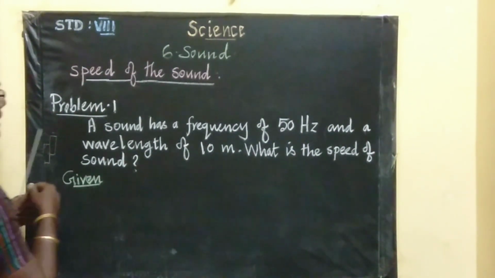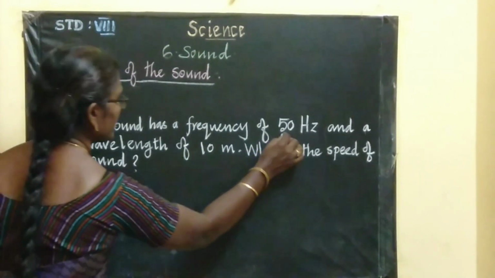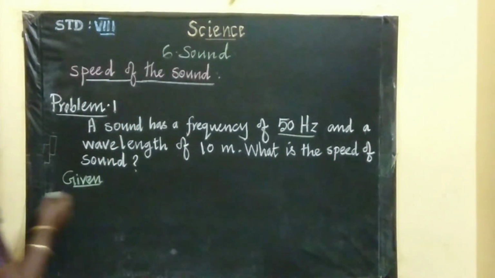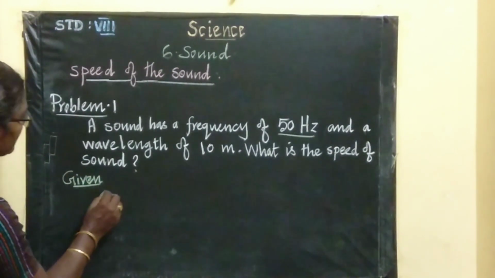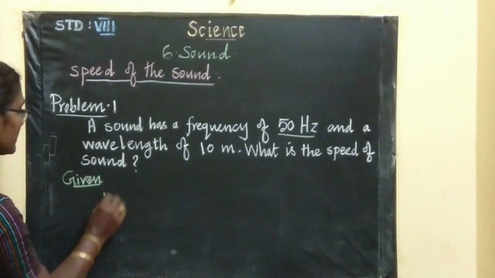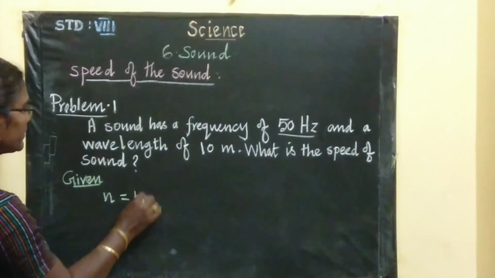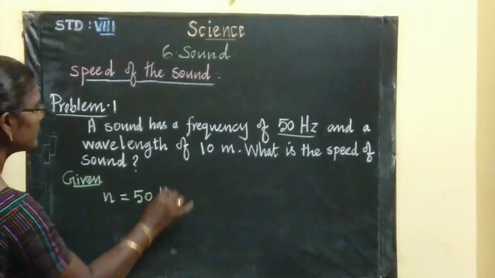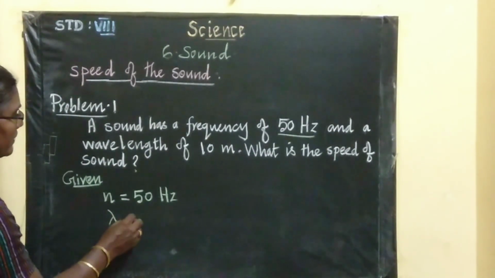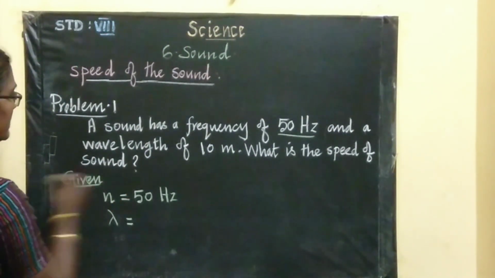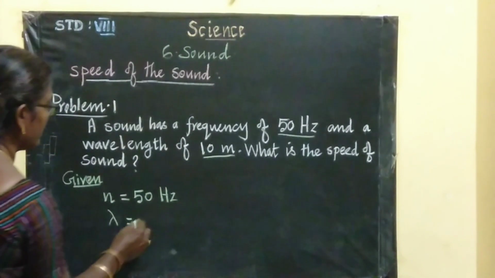The frequency of sound, that is n = 50 Hz. And the wavelength is also given. The wavelength is 10 meter.